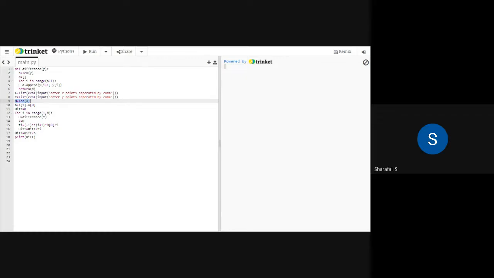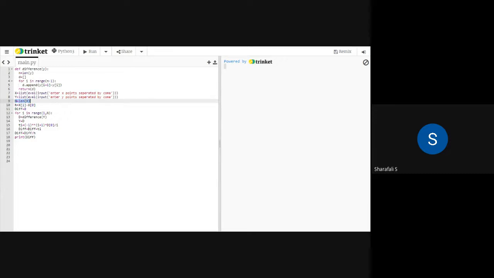For example, if you are giving 1 to 5 in the given example, then its length will be up to 5. So if it is varying from 1 to 5, it is up to 5. If you are considering the I value from 0, then it is going up to 4.